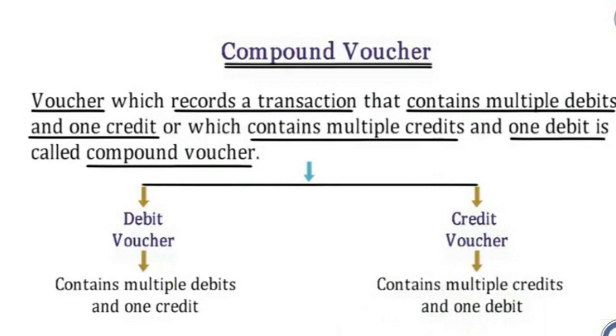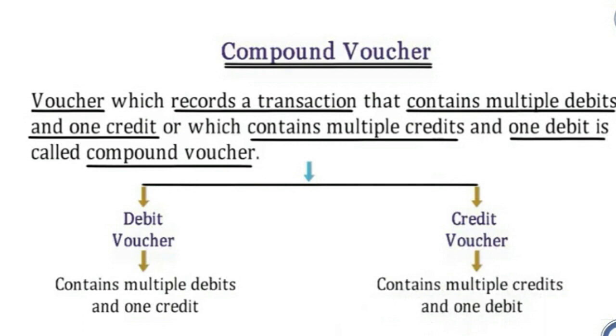These are of two types, debit voucher and credit voucher. If we talk about the debit voucher, it contains multiple debits and one credit. And if we talk about the credit voucher, the transaction contains multiple credits and one debit.